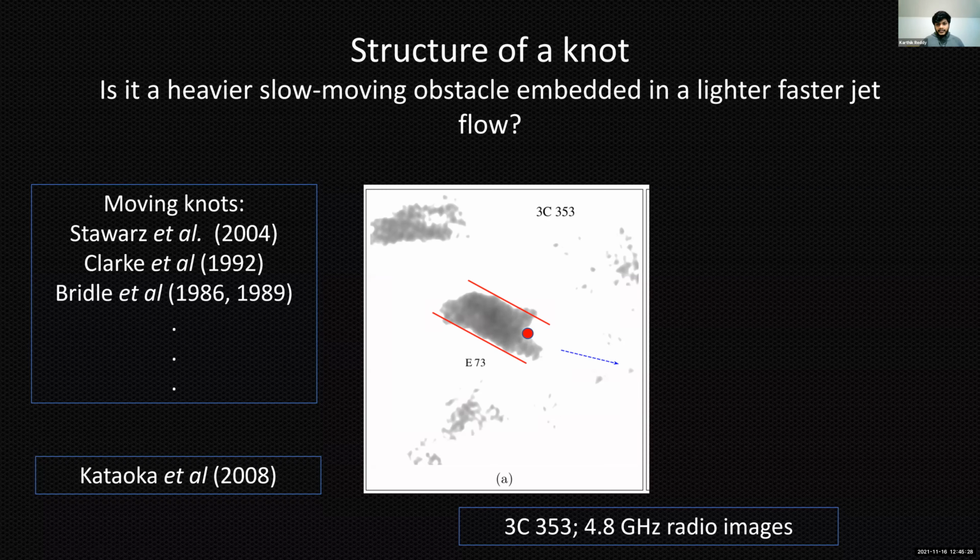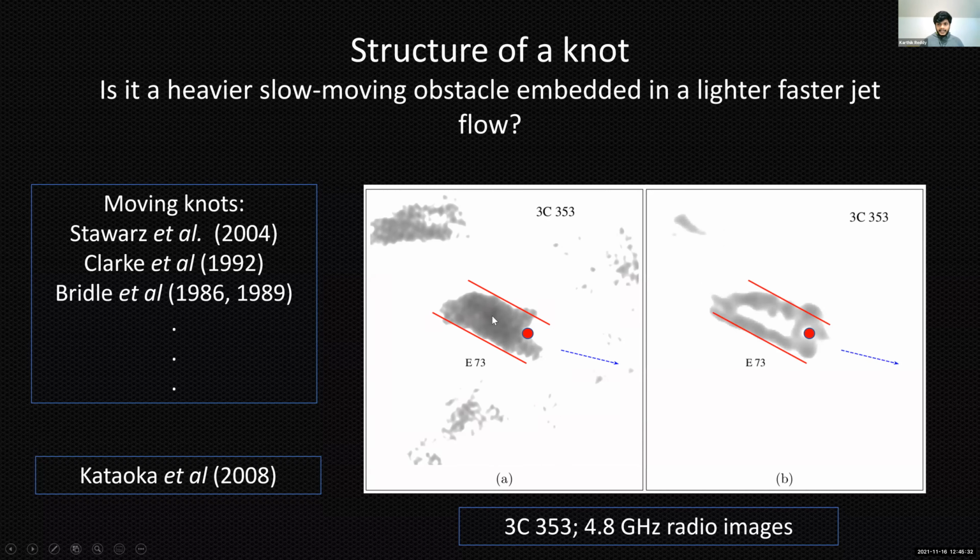One problem here would be that if we progressively remove the radio flux from this blob, it shows peaks on the edges of the jet, which means the emission is probably coming from some kind of a surface rather than something that occupies the entire cross section of the jet.